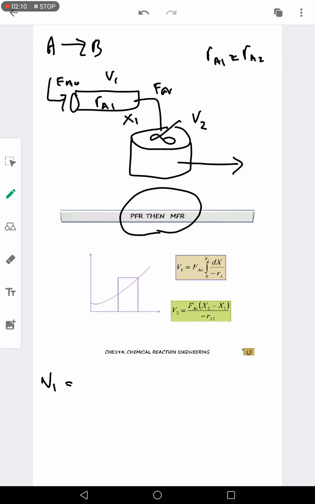So untuk PFR, the design equation untuk V1 start with X0 to X1, so FA0 over negative RA dX. Kan? Ini PFR. Okay, ini adalah V1 tadi kan.